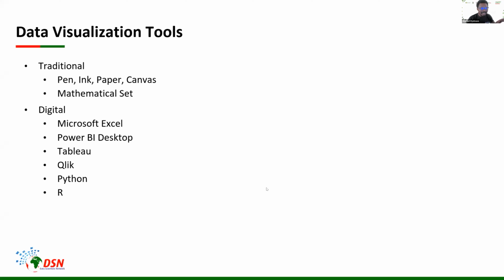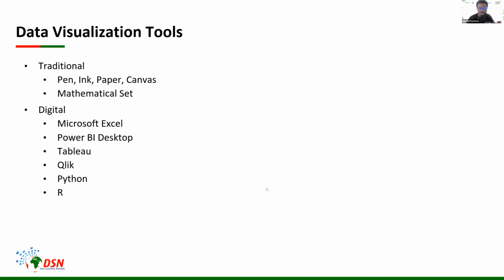Okay, but that aside, for digital technologies that we can use for data visualization, there can be like 1 million different ones, but the popular ones that you're going to see around today: Microsoft Excel. Most people have Office on their computers. Then there is Power BI Desktop. I'm very happy that the last session was presented by Mr. Microsoft Nigeria.